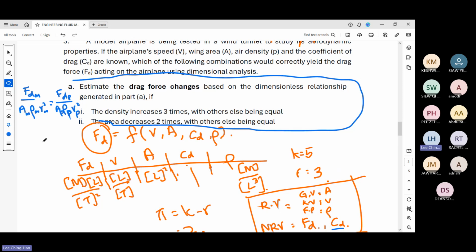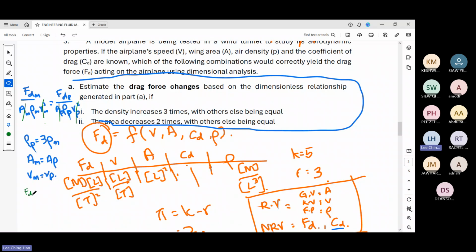Okay, so now it says density of prototype equals to 3 times of density of model, with the rest being the same, which means that AM equals to AP, VM equals to VP. So what you can do in this case, since AM is AP, you can cut away because they are the same value, like 5 and 5. Same goes to here, even though they are square, the same value squared always becomes the same value.